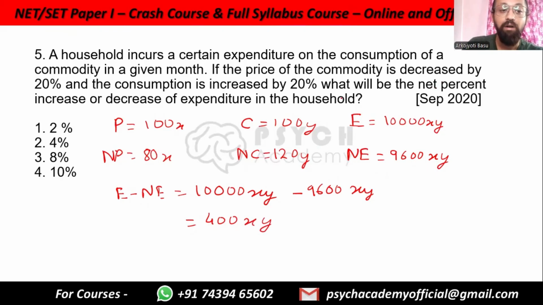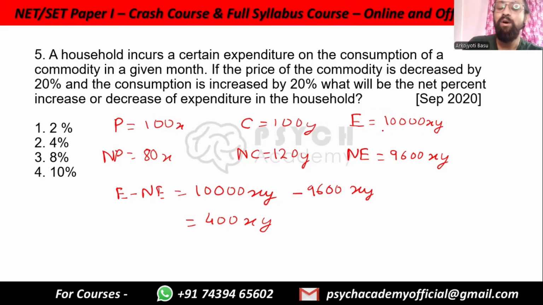And what is the net percentage change? Whenever we are talking about net percentage change, we always take it on the first one, that is the increase or decrease of expenditure based on what was initially there. We will cover this a bit more clearly during profit and loss. The videos will be coming soon enough, so don't worry.